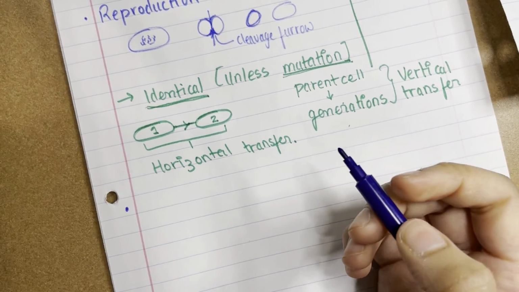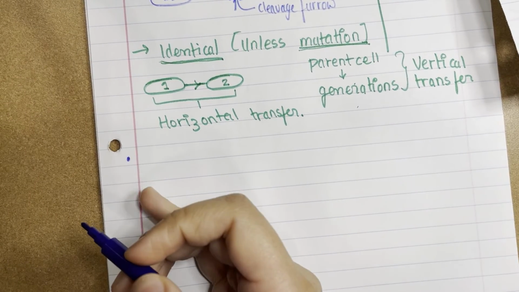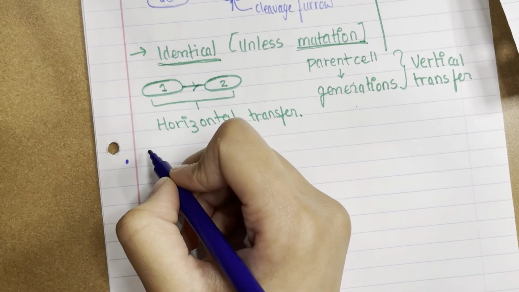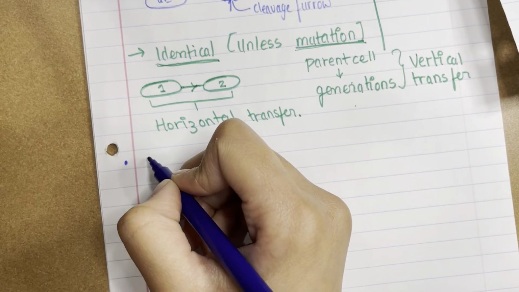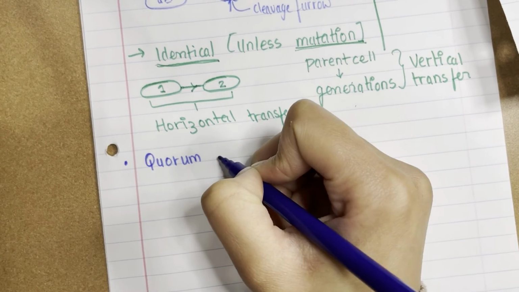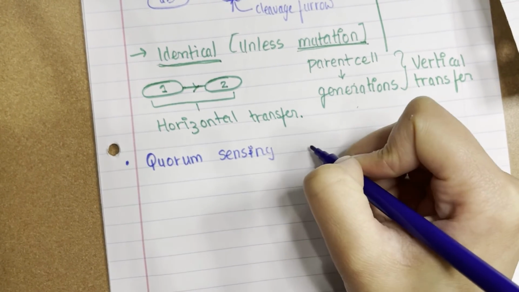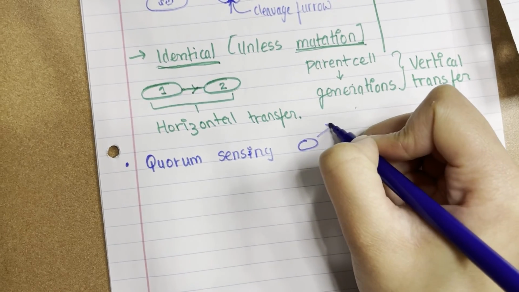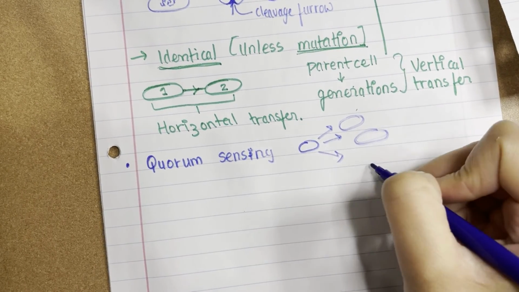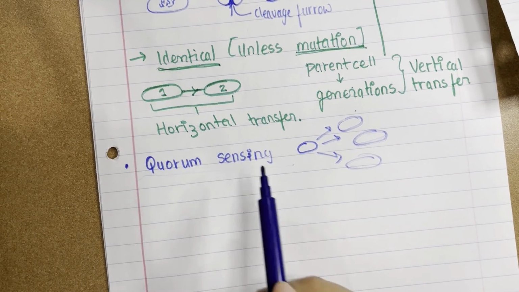For a long time, we thought that bacteria can't communicate with other bacteria, but in recent history, we have discovered that bacteria can actually communicate to other bacteria through what is called quorum sensing, where one bacteria gives signals to other bacteria, and the other bacteria receive that signal. So that is what quorum sensing is. That is how bacteria communicate.